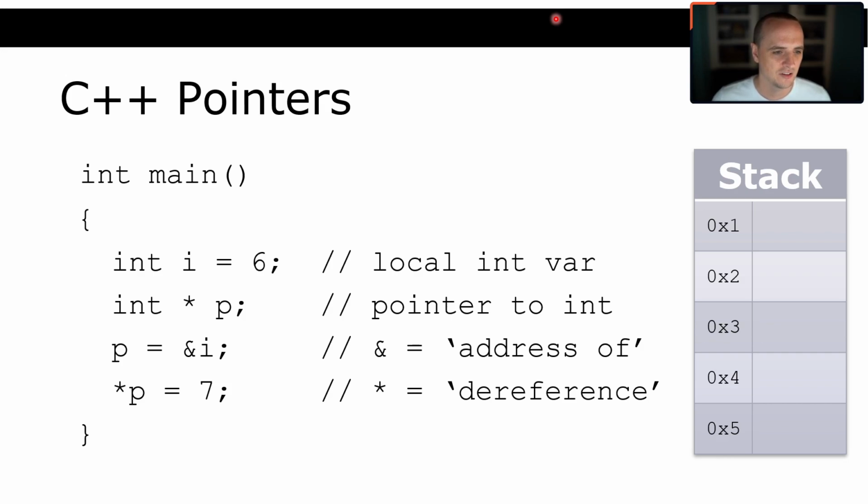So int i = 6. When I execute that line of code, now I've got a 6 over here living on the stack. Now I am going to say int *p, and I'm not going to give it a value yet. So what I've done is I've allocated memory on the stack for a pointer to an integer, and we're going to refer to that pointer with its name, which is p.